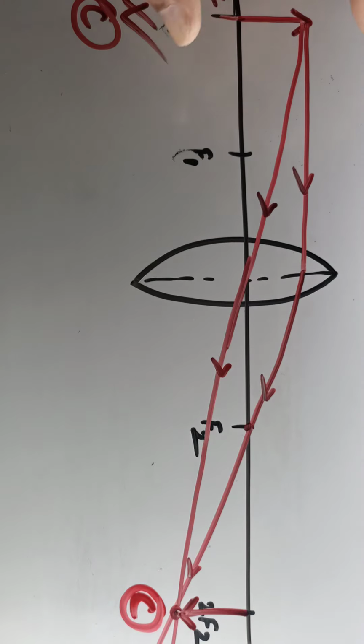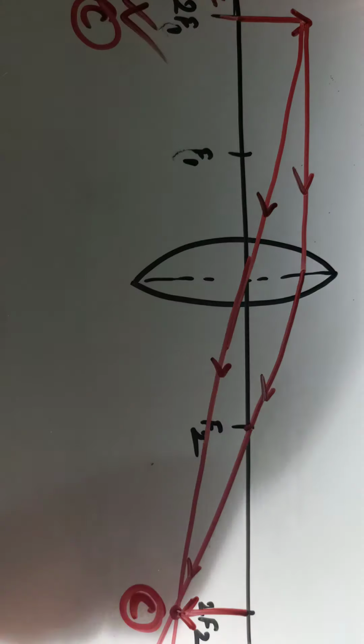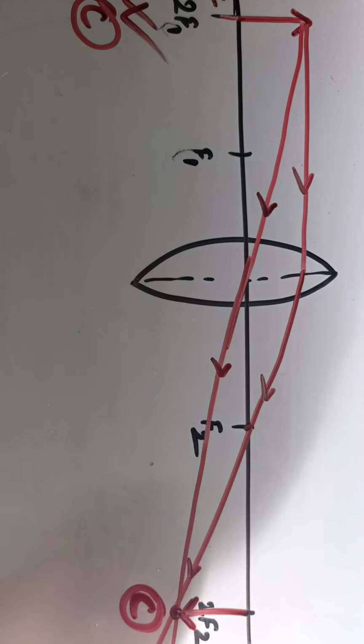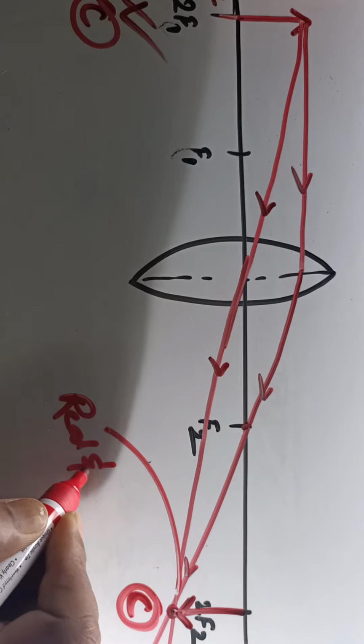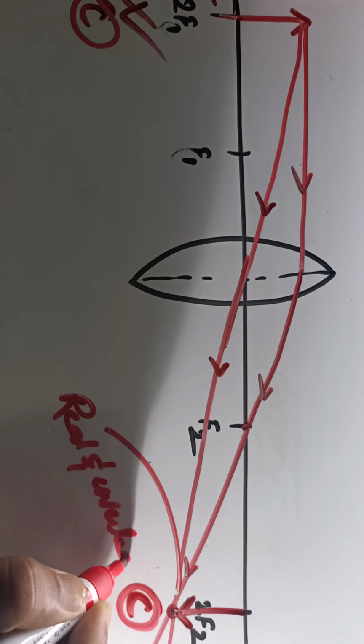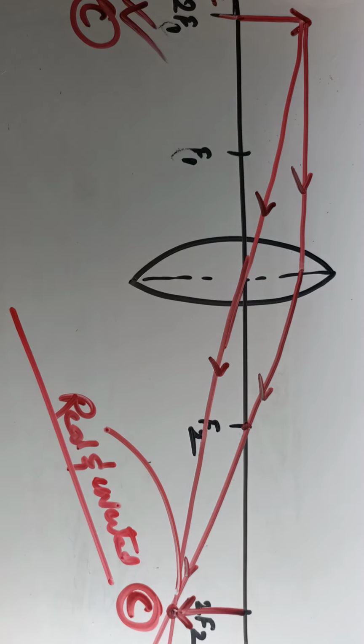Of course this is also below the principal axis, and since it is below the principal axis, it is going to be real and inverted. Real and inverted image. I am sure you will remember that if an object was kept at C, the image was also formed at C, and the size of the image was the same as the size of the object.